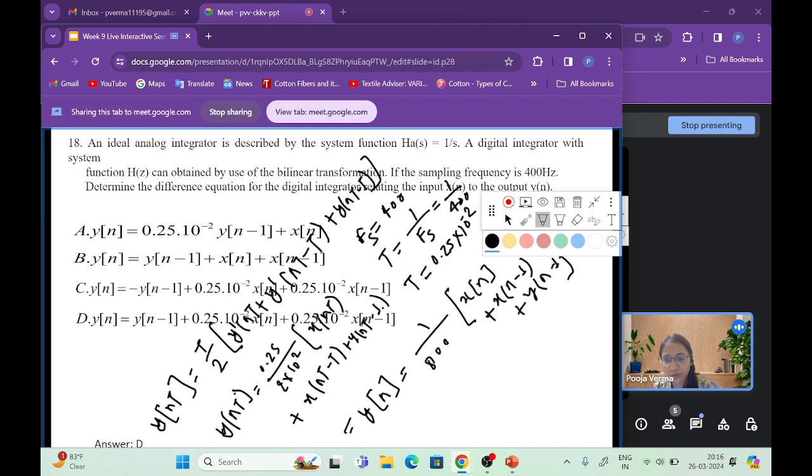Okay, this is the equation, y of n minus 1.